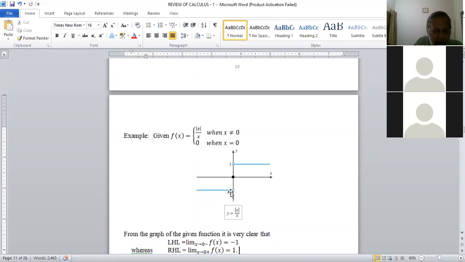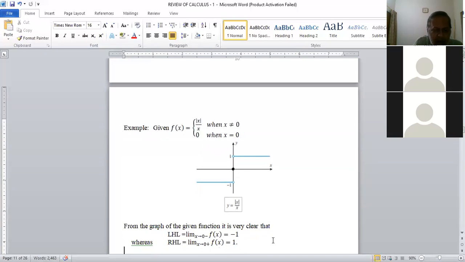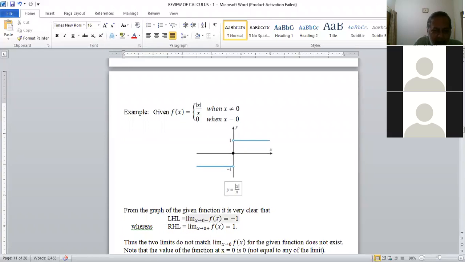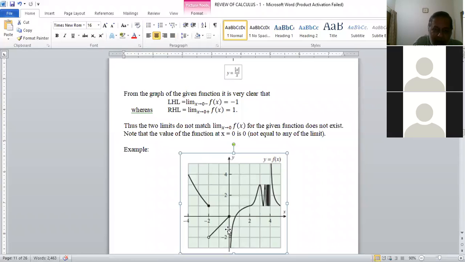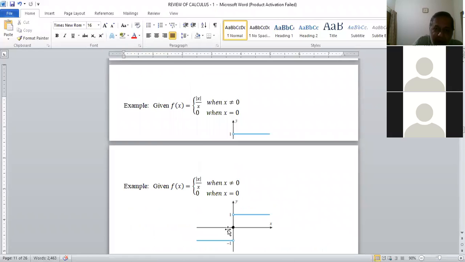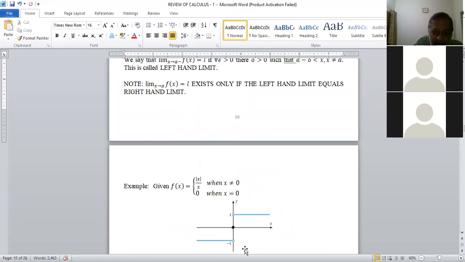And what happened at x equal to 0? That is not a question of limit. So the left-hand limit is -1, and the right-hand limit is 1. Thus the two limits are not the same, so we say that the limit of this function does not exist.